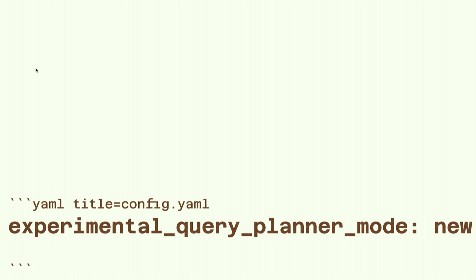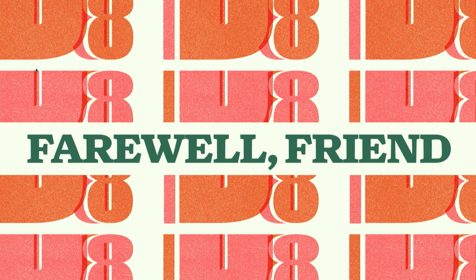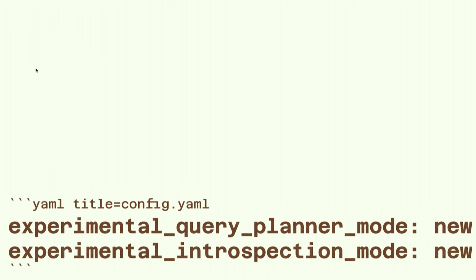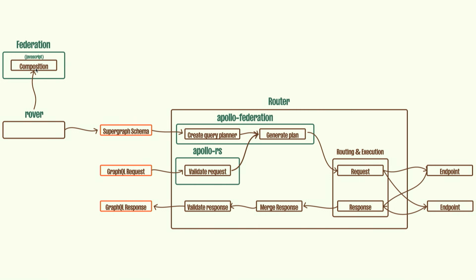There's a router config flag to start the Rust query planner and to get rid of V8, and to really see the memory and CPU drops, you'll also have to enable the new introspection mode. All of this really gets us to a router that runs solely in the native implementation.